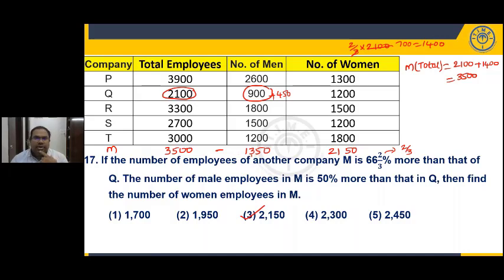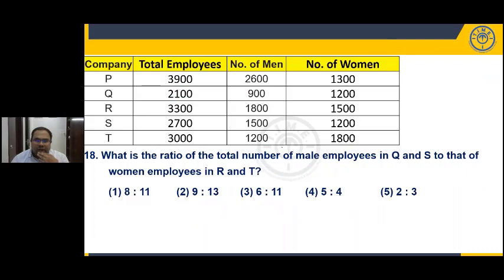Right, 18th question. Ratio of total number of male employees in Q and S to that of women employees in R and T. You can do this. Q plus S males is to R plus T females or women. Q and S males 24. Anyways, you can ignore zeros.